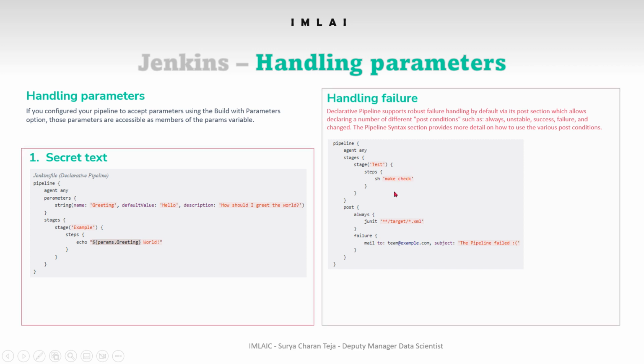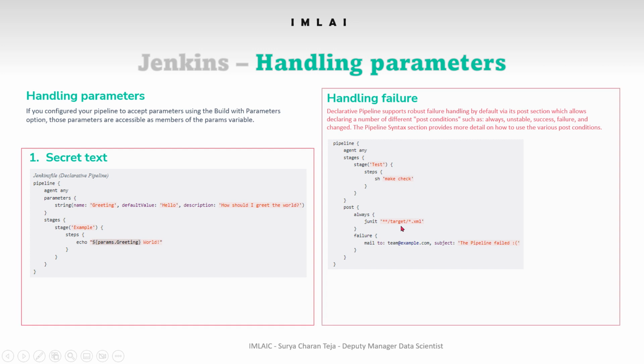We have said sh make check, meaning it should never return a non-zero exit code. This approach, while valid, means the following stages need to check the current build result to know if there has been a test failure or not.